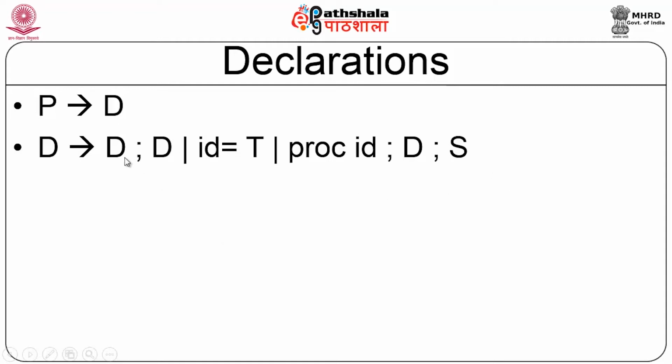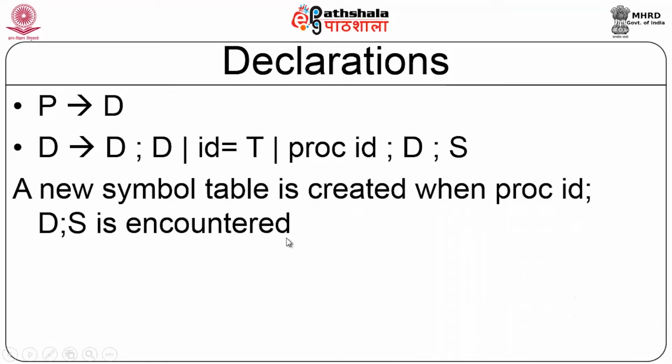Now, a declaration can be a sequence of declarations, or it could be a simple declaration itself, where I have the LHS as the identifier, which is the variable name, and that will be equal to T, meaning that I will have the type of this particular variable defined here. And this is a function declaration, where I will have a procedure ID, that is ID here is the name of the procedure, followed by the declarations as part of the procedure, and the statements that comprise the procedure are what is available here.